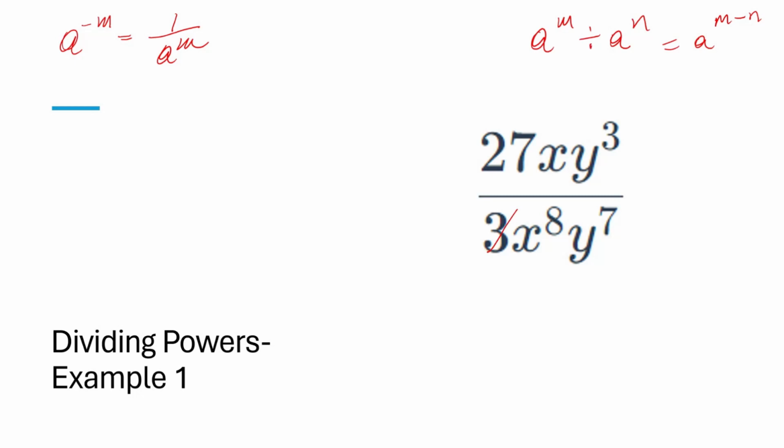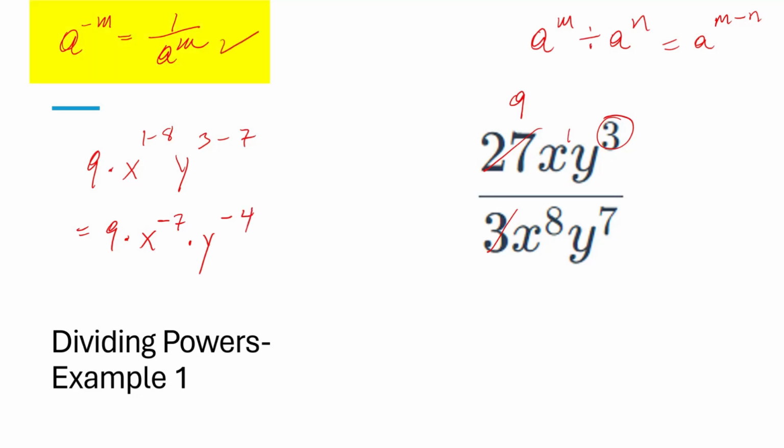So let's jump into this problem. 3 goes into 3 one time. 3 into 27 is going to be 9. So what I've realized is I can rewrite this. This is going to be 9 times x. The exponent here is 1, so I'm going to have 1 minus 8. The exponent here is 3, so I'm going to have y to 3 minus 7. This is going to give me 9 times x to the negative 7 times y to the negative 4.